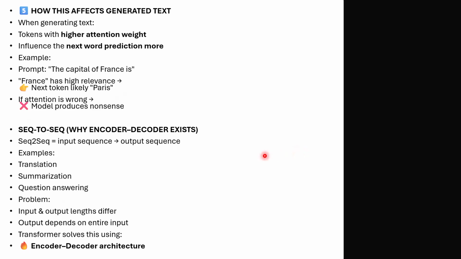So moving to the next topic, sequence to sequence. We'll discuss why the encoder and decoder exist. Sequence to sequence means an input sequence to an output sequence. For example, transformers are used for translation, language to language, English to Telugu, English to French, English to Tamil.